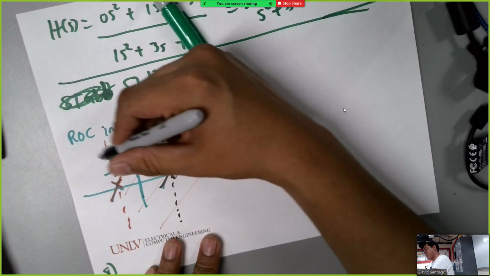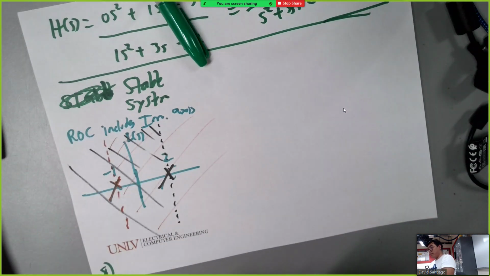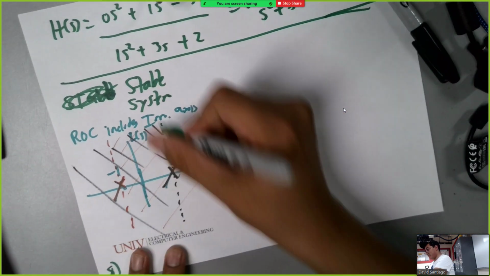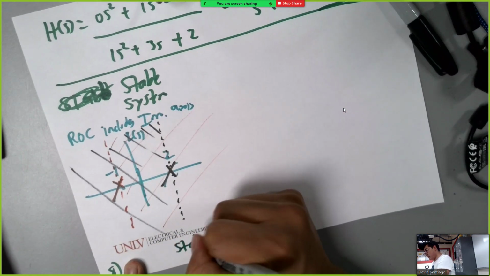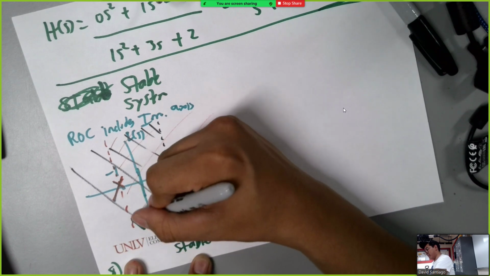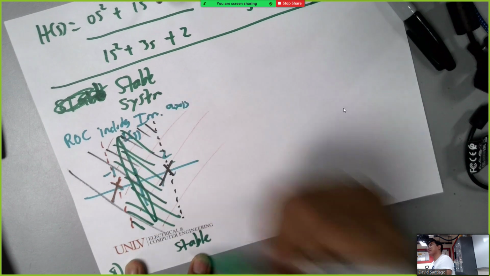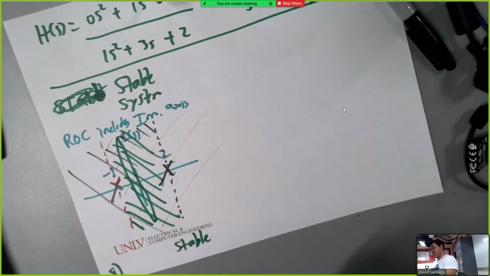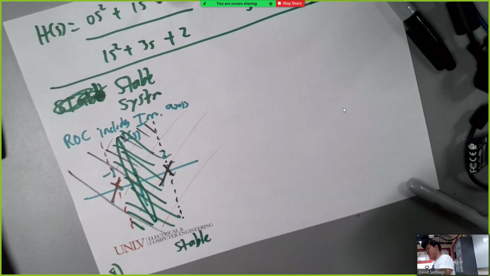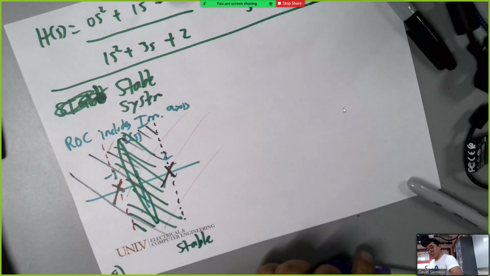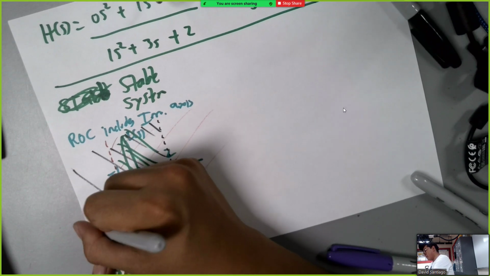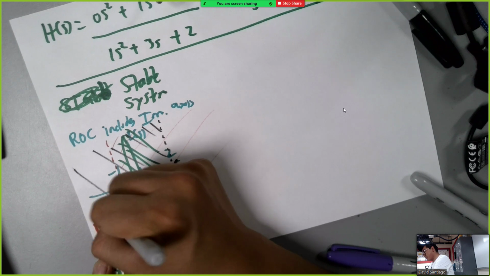But how do we get a stable system? We had to color this region to include this. That means this pole right here is going to be right-sided.